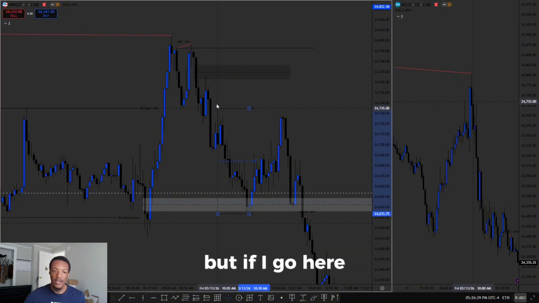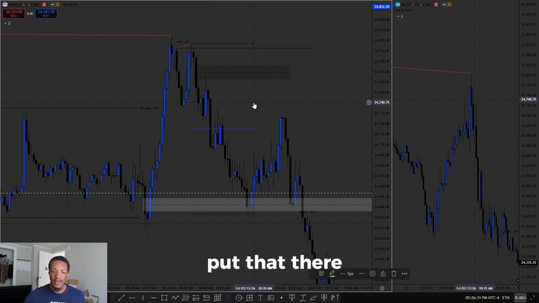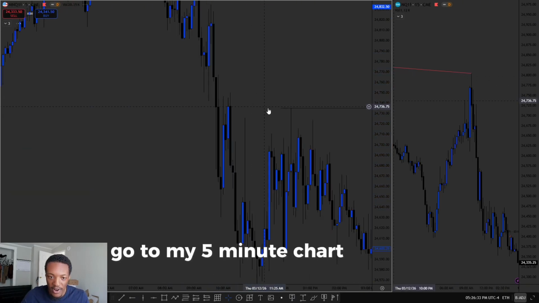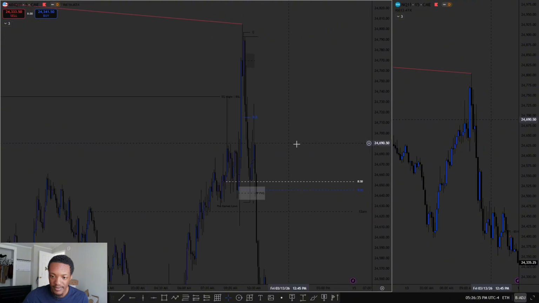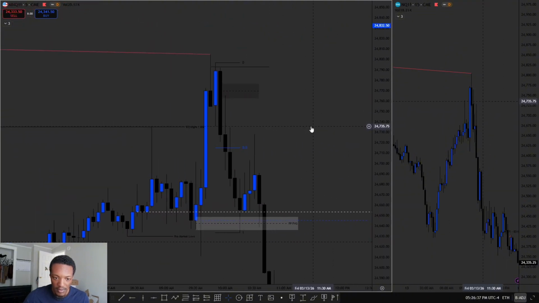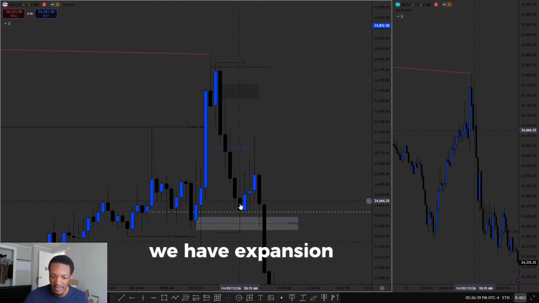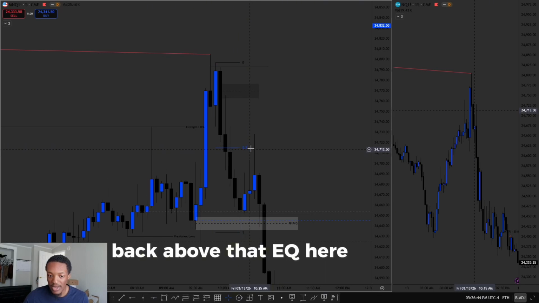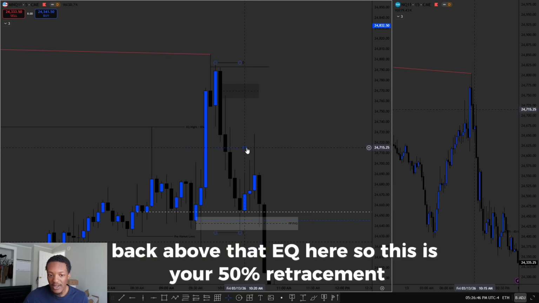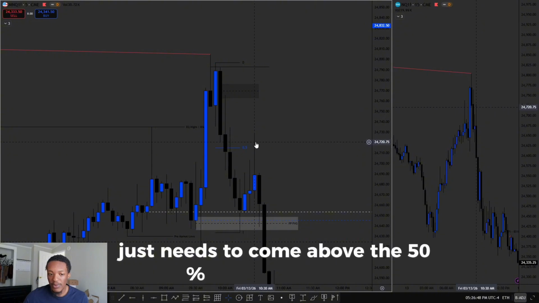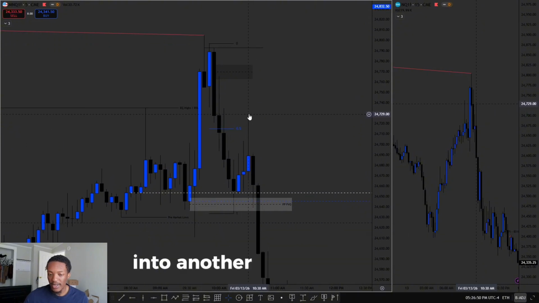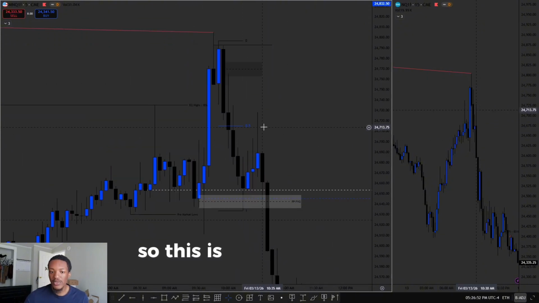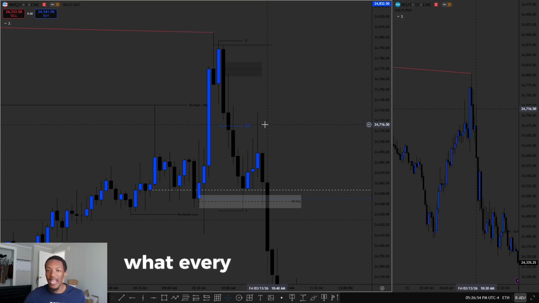But if I go to my 5 minute chart and look at what we have, we have expansion into a retracement back above that EQ here. So this is your 50%. Retracement just needs to come above the 50% and into a what? Into another expansion lower. So this is where you have to understand what every time frame is doing.